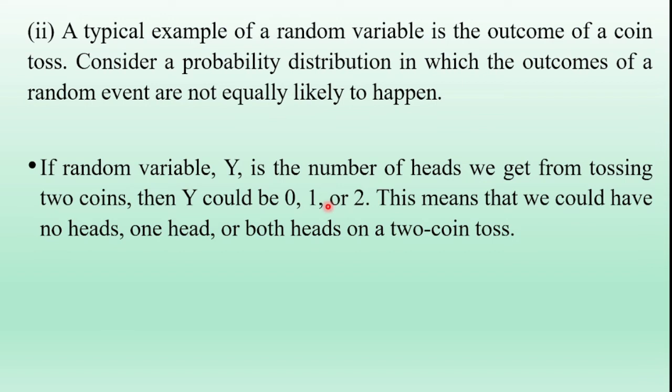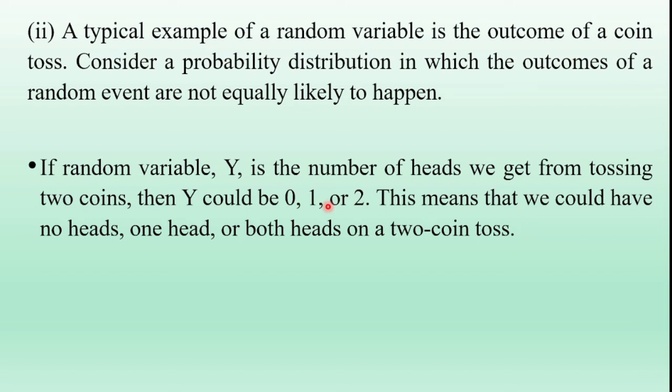If random variable Y is the number of heads we get from tossing two coins, the total number of outcomes of the experiment is 4. What are the outcomes? Head-head, head-tail, tail-head, and tail-tail. So these are the 4 possible outcomes of tossing two coins.